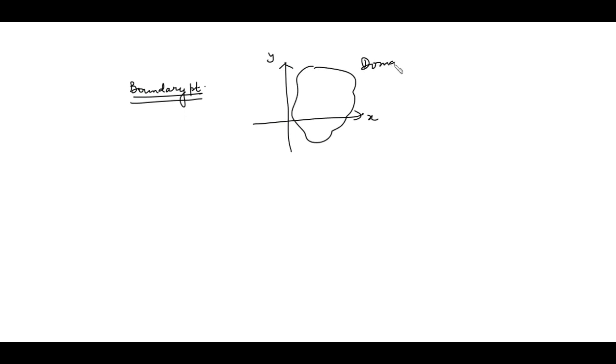Now what do we mean by a boundary point? Again, in the case of a function of two variables, let's suppose this is any domain set, and the point lying on this boundary, let's suppose this is (x, y).